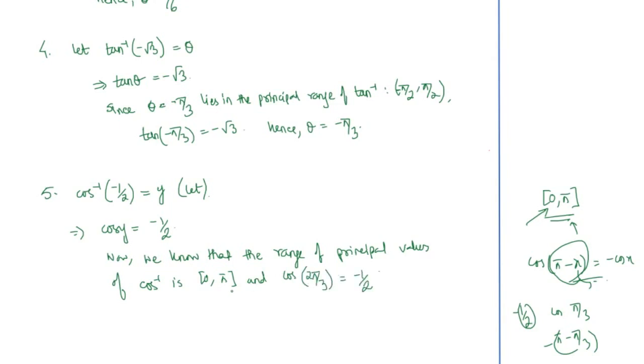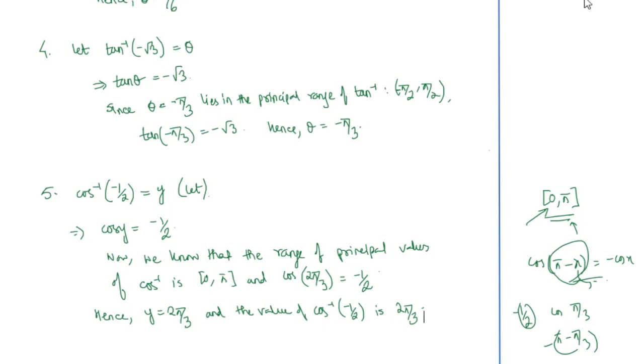Okay, this is a very standard way of writing. If you can solve every question like this, it is great. Hence y is equal to 2 pi by 3, and the value of cos inverse minus half is 2 pi by 3. By this writing, the examiners are going to be most satisfied. Okay, this is perfect, and others are also very good.